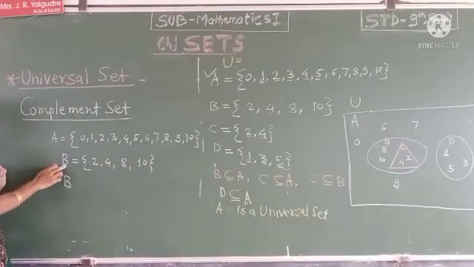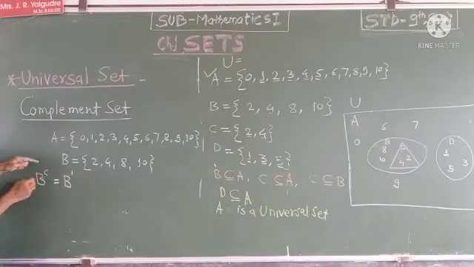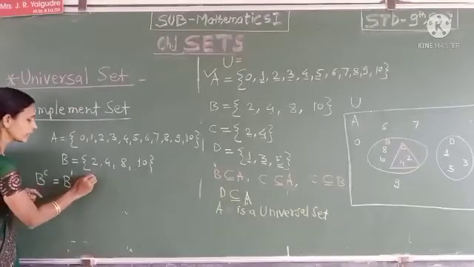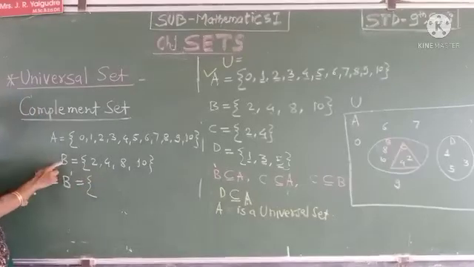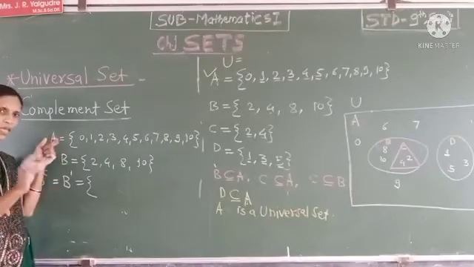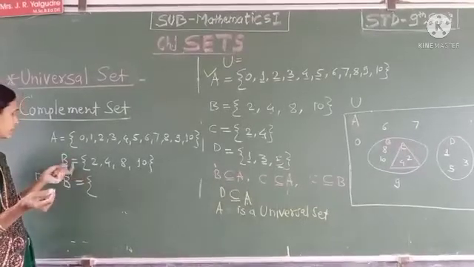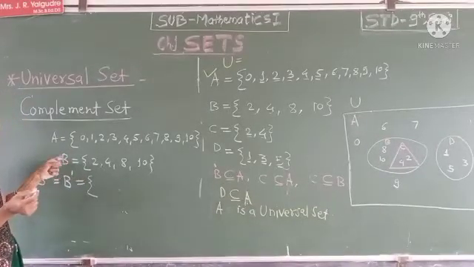And see here, the complement set of B is denoted by B dash, or B with a superscript C. That is the complementary set of set B. Then what are the members of that complementary set of B? The elements which are present in the A set, that is the universal set, except the elements in B.